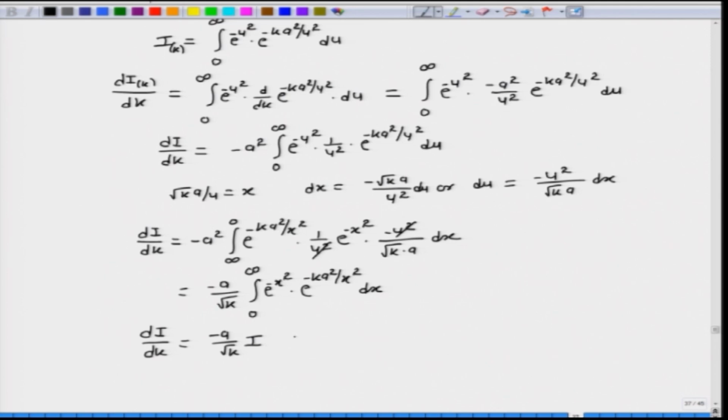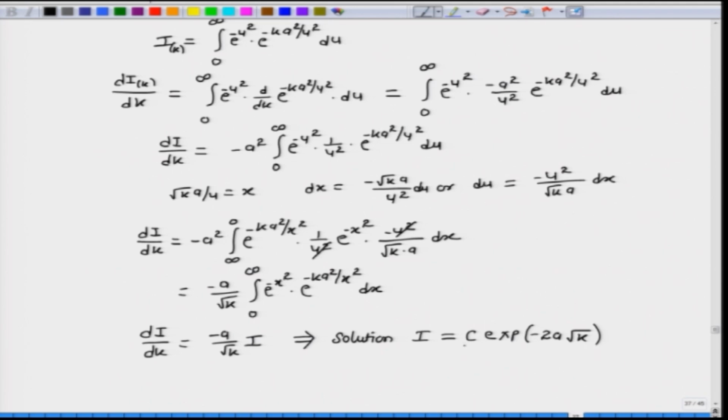Now, if we solve this equation, the solution for I is I equal to c exponential minus 2a root k, where c is a constant.